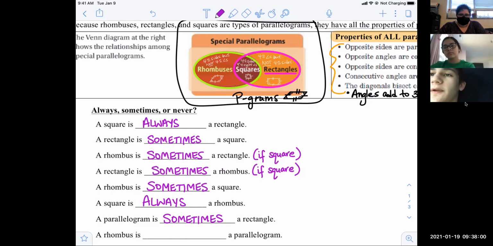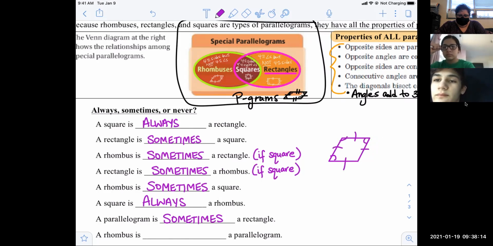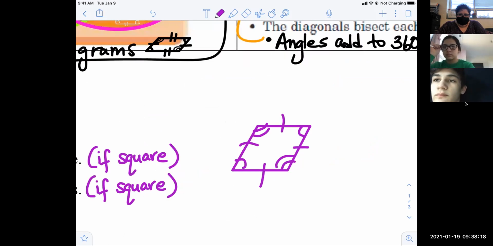When opposite angles are congruent. So if I give you, to make this look more rhombusy, a rhombus has to have four congruent sides. And if it has opposite angles congruent, is that a parallelogram? Yes.